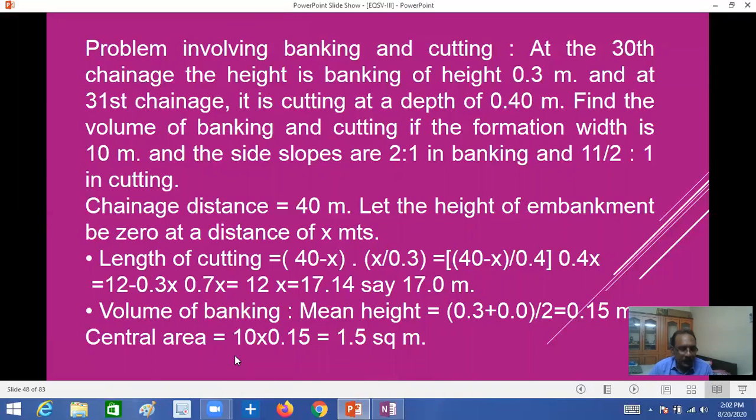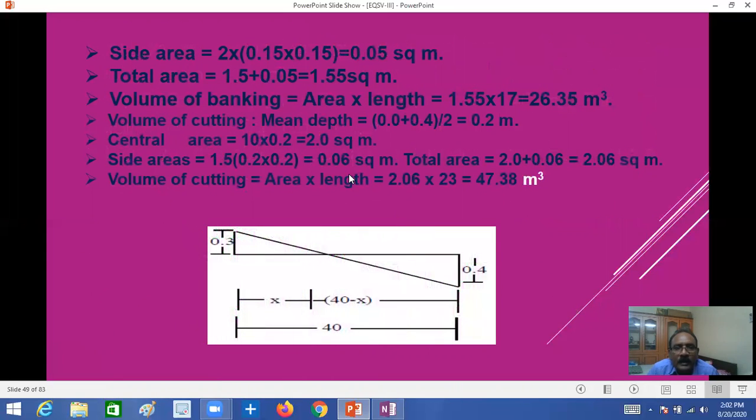That is the problem. We got X equal to 17 meters. The mean height is 0.3 plus 0 by 2, that is 0.15 meters. The central area is 10 times the mean height, which is 1.5 square meters.